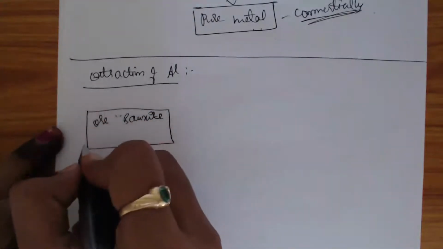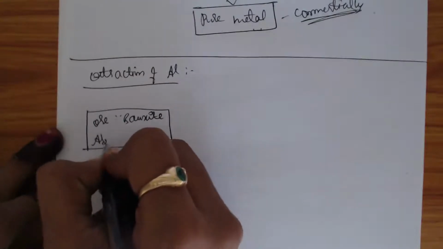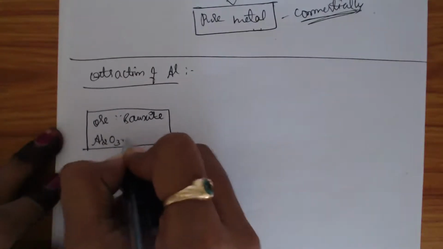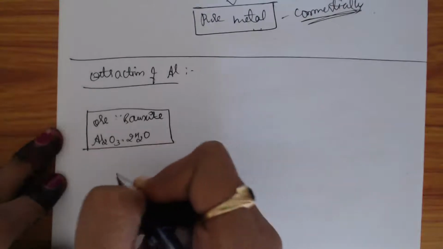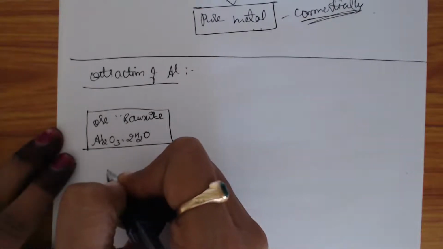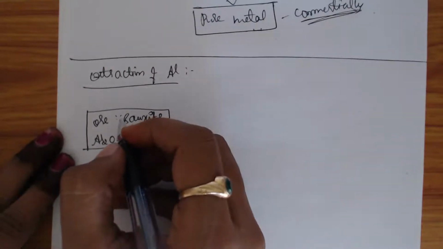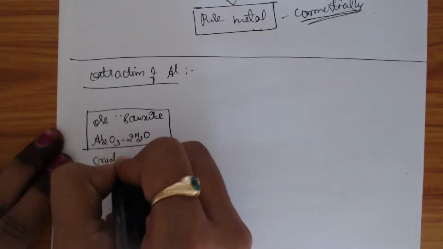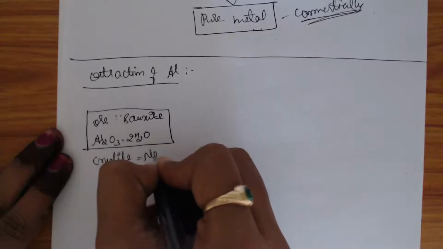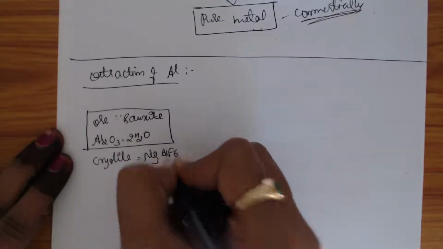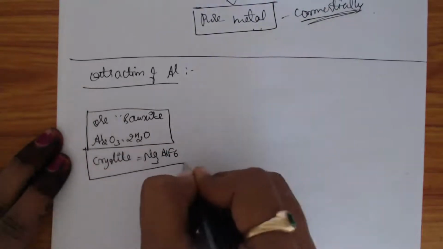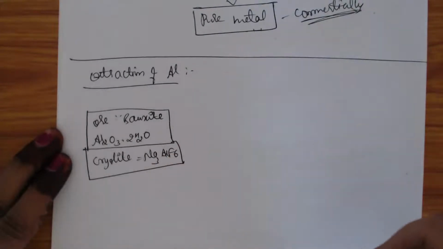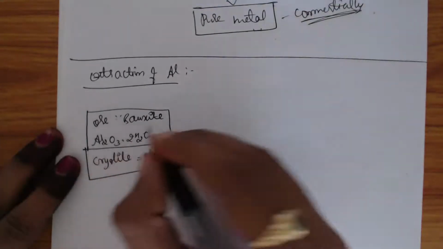Al2O3·2H2O. Along with this, we also take cryolite. Cryolite means Na3AlF6. These two ores we will consider.